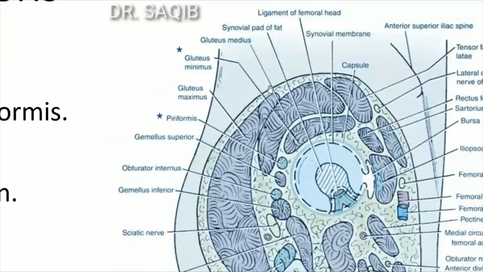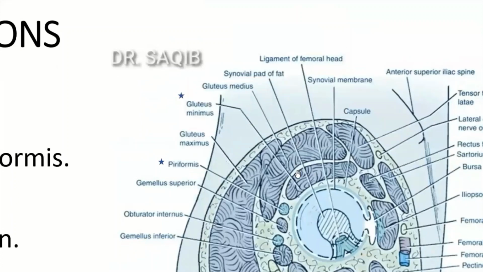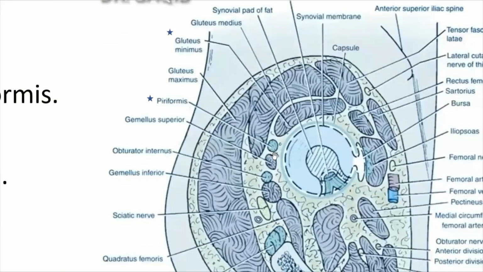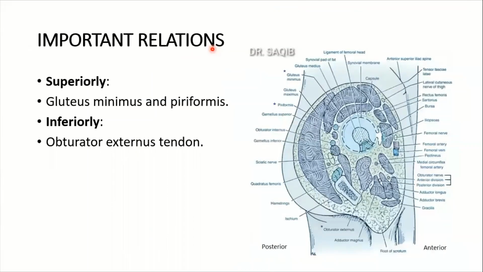Superiorly the main muscle is the gluteus minimus, and then the piriformis. These two muscles, the piriformis and the gluteus minimus, lie superiorly. So superiorly are the gluteus minimus and piriformis, and inferiorly the obturator externus tendon.